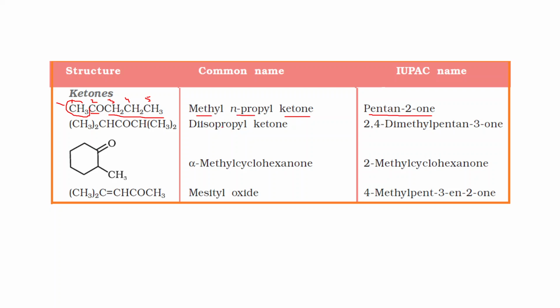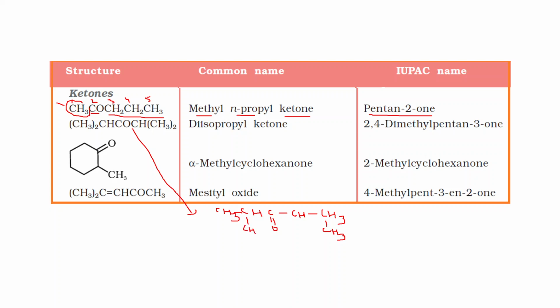Okay. Now see this. I am expanding this structure here. You can write that this is the CH and this is CO, and this one is CH. This CH is attached with the 2-methyl group. Clear? And this CH is also attached with the 2-methyl group.